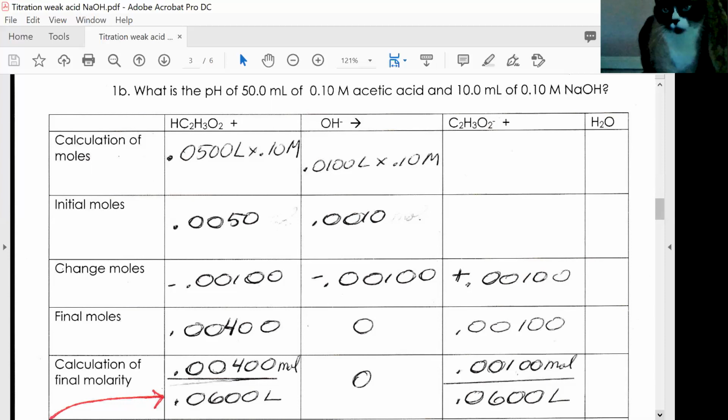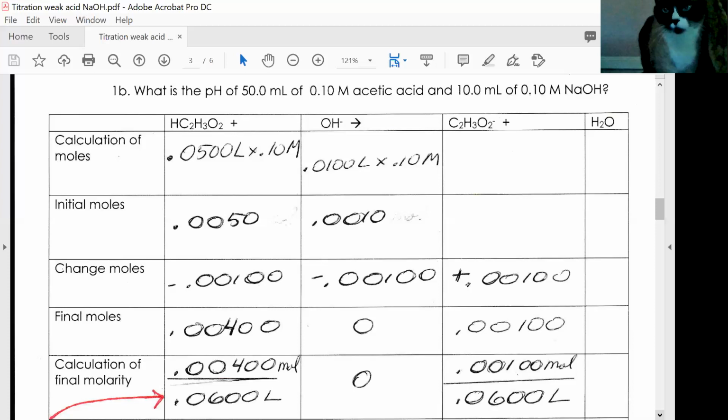So you're going to subtract 0.0010 moles from the acetic acid, subtract 0.0010 moles from hydroxide, and add 0.00100 moles of acetate. So go ahead and fill that in.